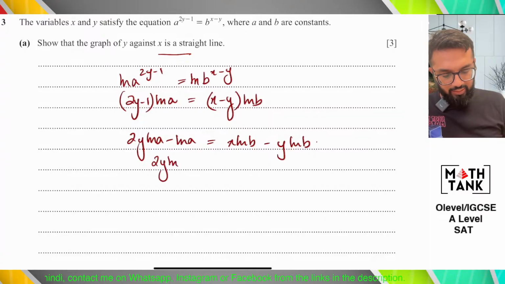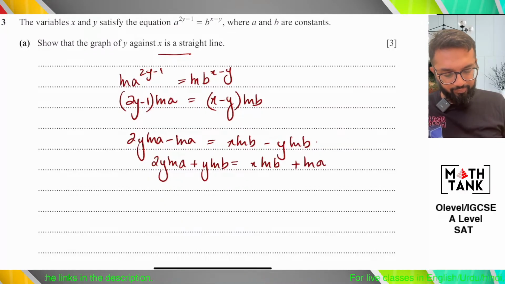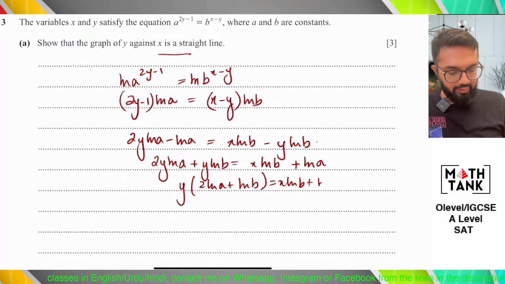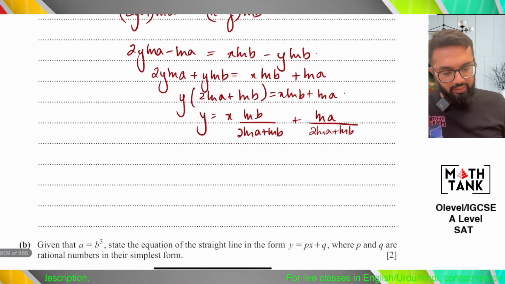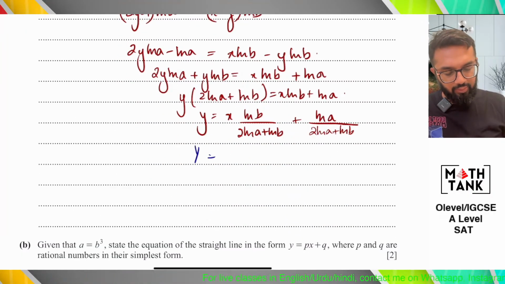So 2y ln a plus y ln b equals to x ln b plus ln a. Let's take y as common, 2 ln a plus ln b equals to x ln b plus ln a. Y equals to x ln b over 2 ln a plus ln b plus ln a over 2 ln a plus ln b. Okay, so I have it in the form y equals to mx plus c.